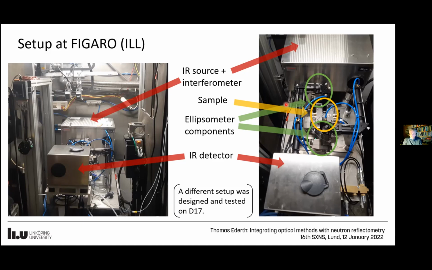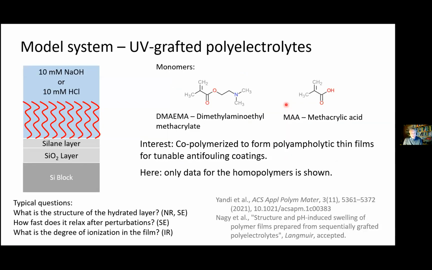So we have tested this setup with different systems. Rainer Dahindt has been working on a set of bilayer stacks, which I will not talk about today because of time issues. We have used a type of polymer system that we are interested in for anti-fouling purposes as a model system.